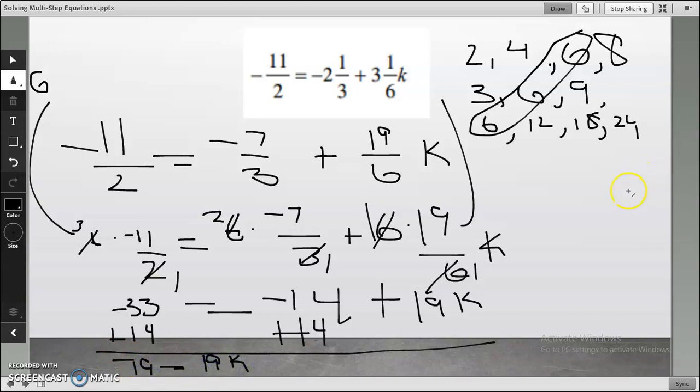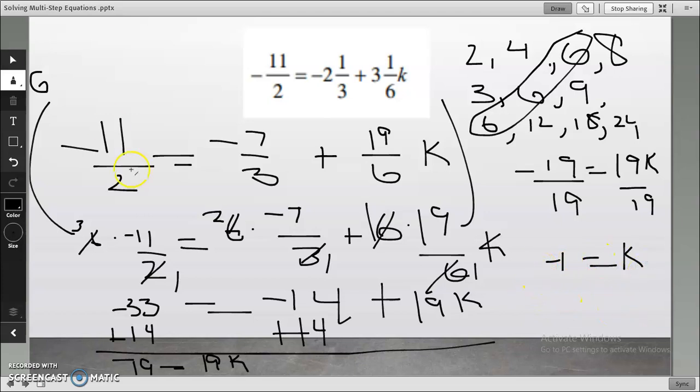Okay, and I'm going to have to move this over here. I hope that's not a big deal. That's nice and easy, right? Divide both sides by 19. Oh, that's a much prettier number, right? So k is equal to negative 1.